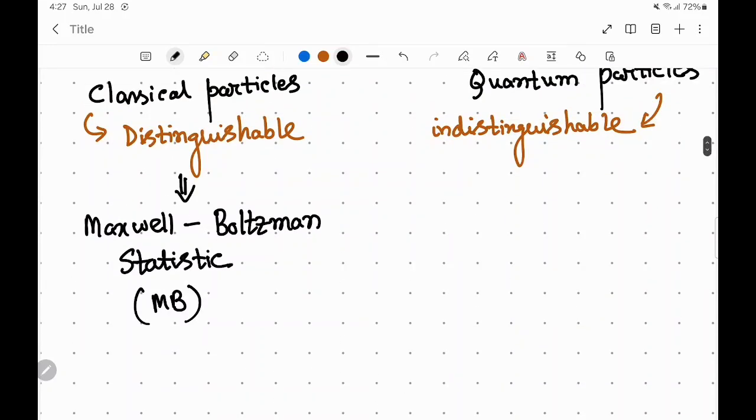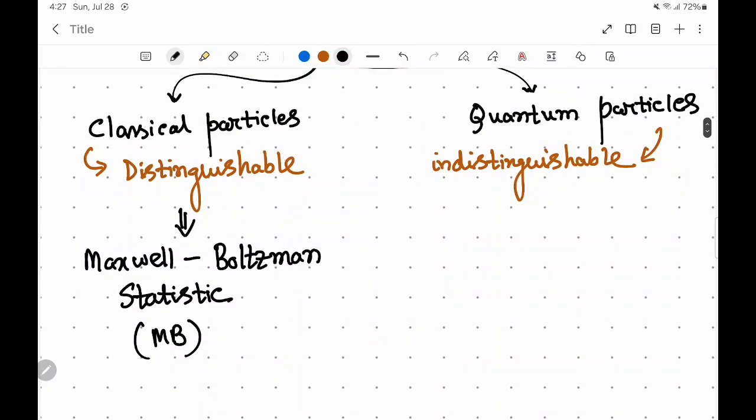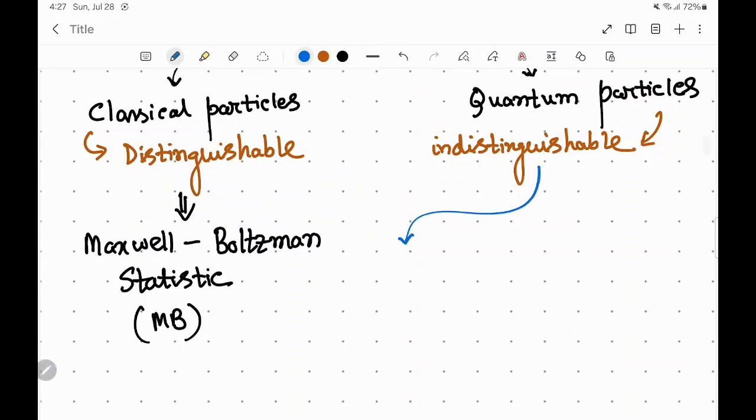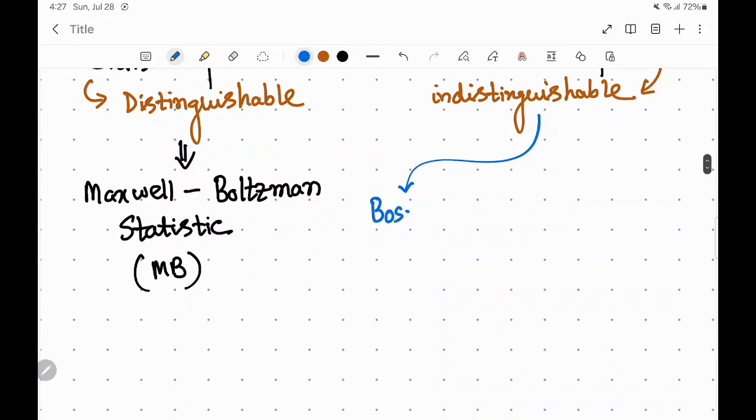Now in quantum mechanical particles, there are also two classifications. The first one, I think you have heard: bosons and fermions. Two types of quantum mechanical particles are there.